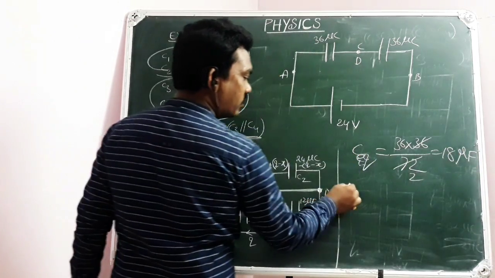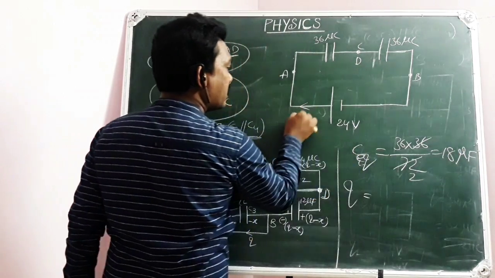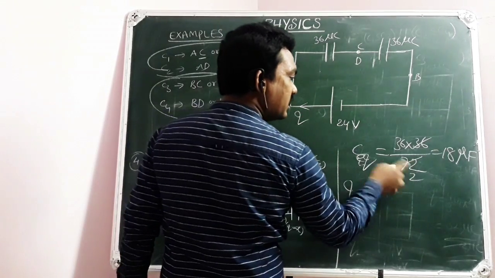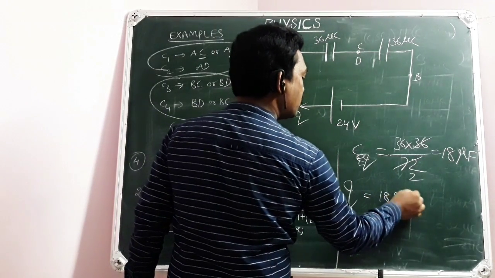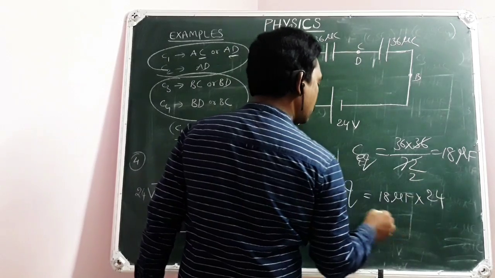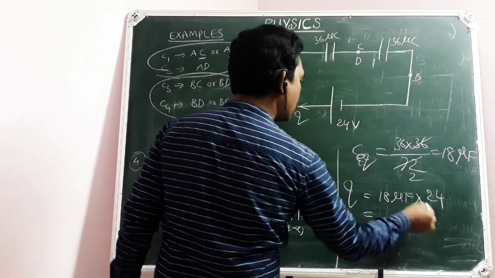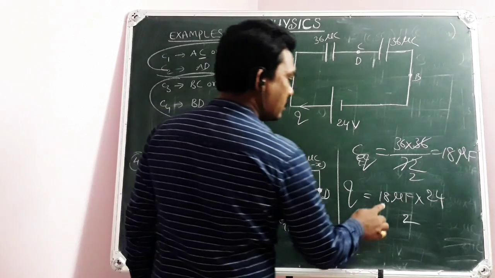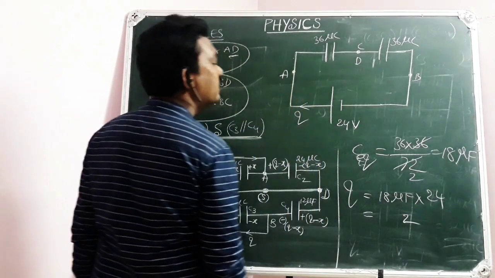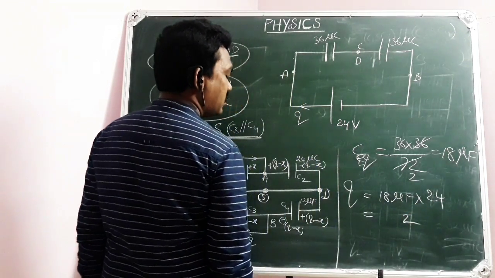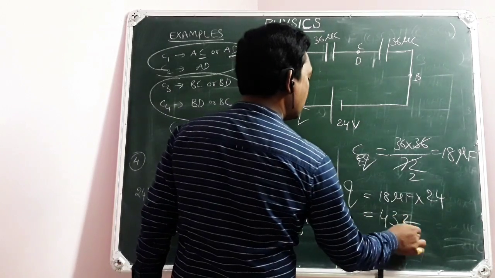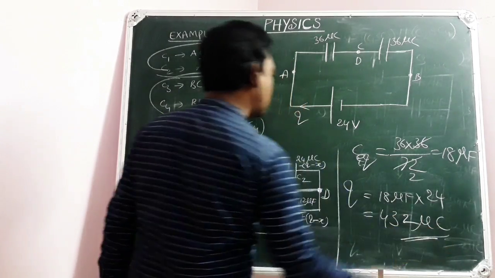And the voltage is 24 volt. So the total charge drawn in the electric circuit, Q is equal to C into V, 18 microfarad into 24. This is going to be 432 microcoulombs.